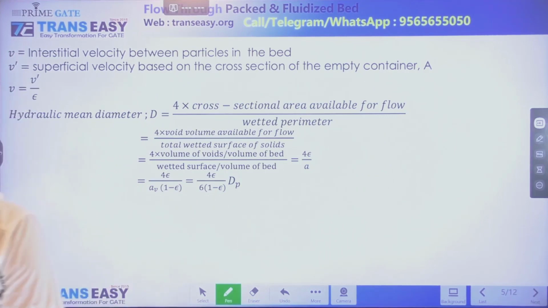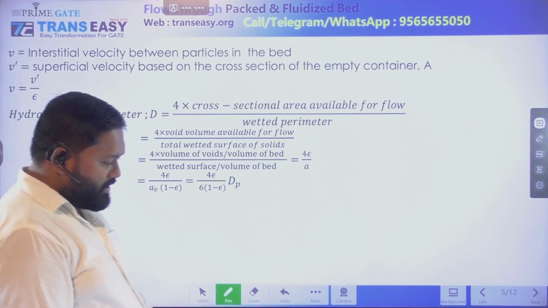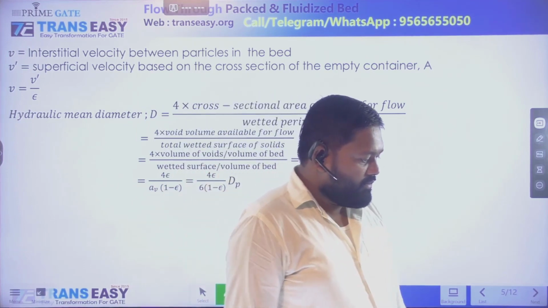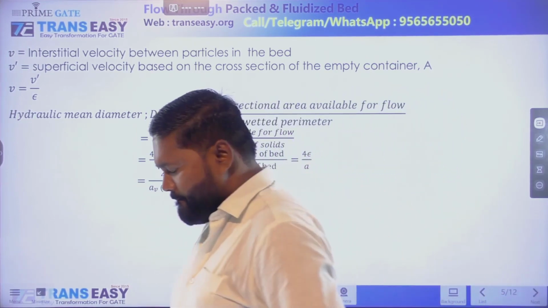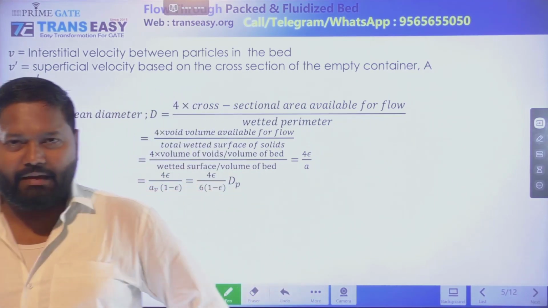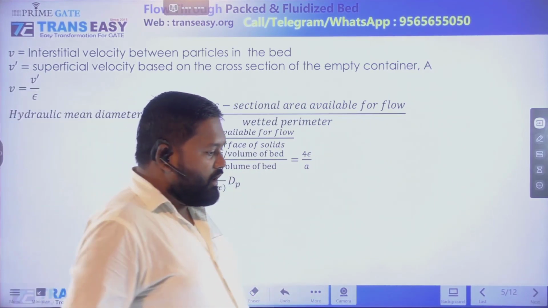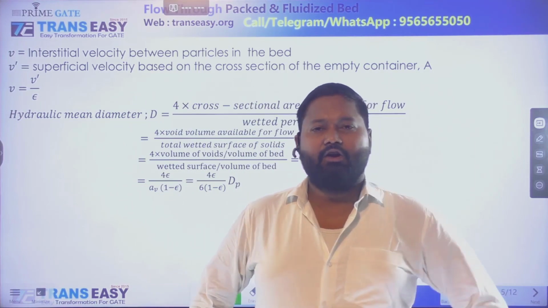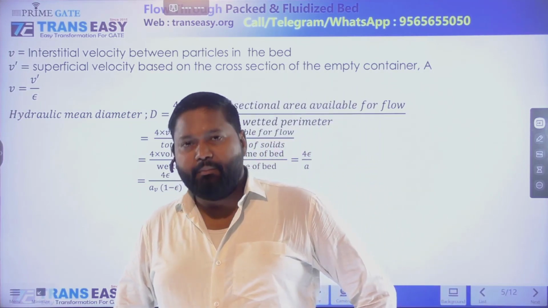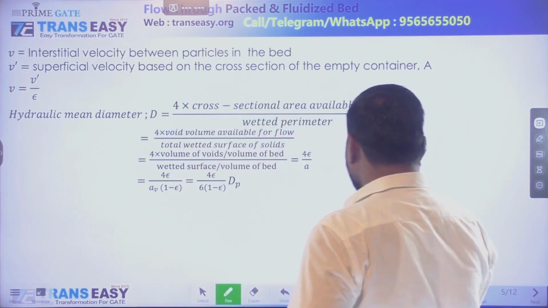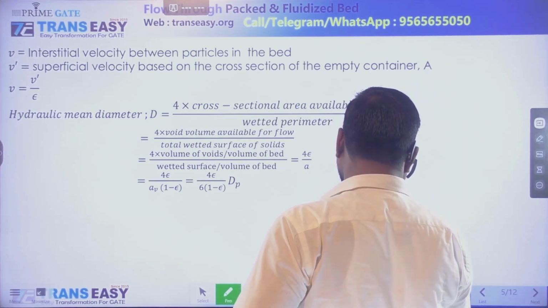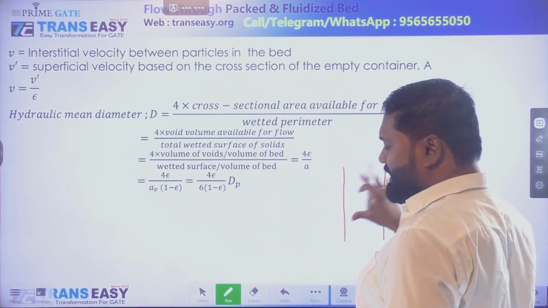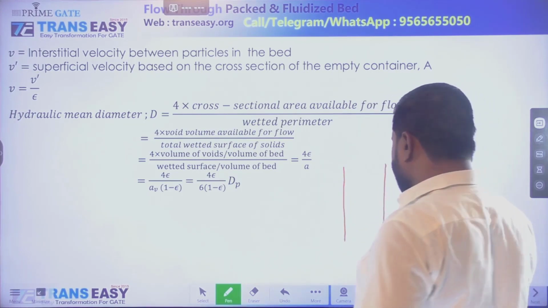Dear students, here we have two velocities. First, the interstitial velocity between particles in the bed, V, and V prime, the superficial velocity based on the cross-section area of the empty container, right? Dear friends, this is a container filled with solid particles.